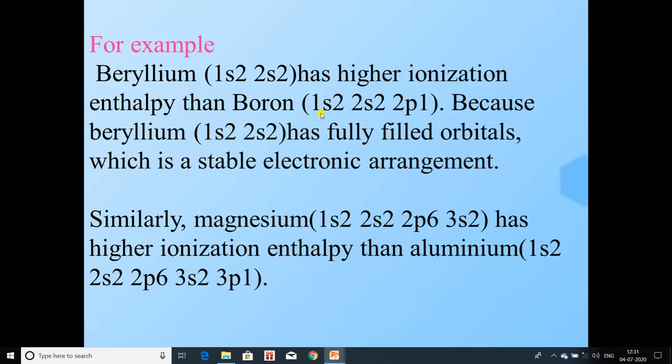Because of its stable electronic configuration. Beryllium has a fully filled s orbital, that is why more amount of energy is required. But in case of 2p orbital, there is only one electron, so we can easily remove the electron. So due to stable electronic configuration, ionization enthalpy of beryllium is high.